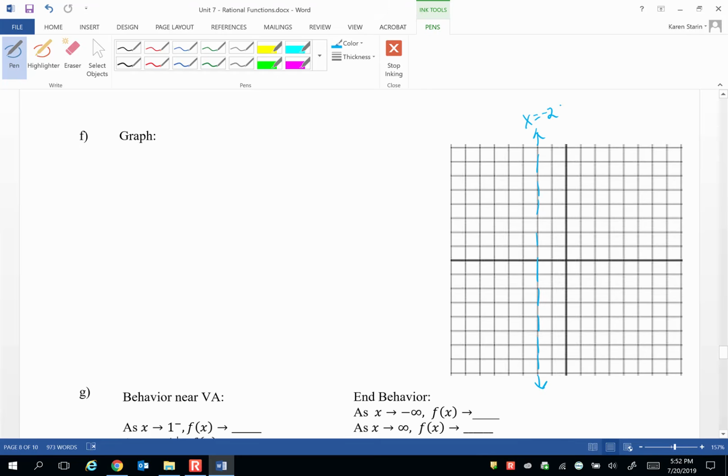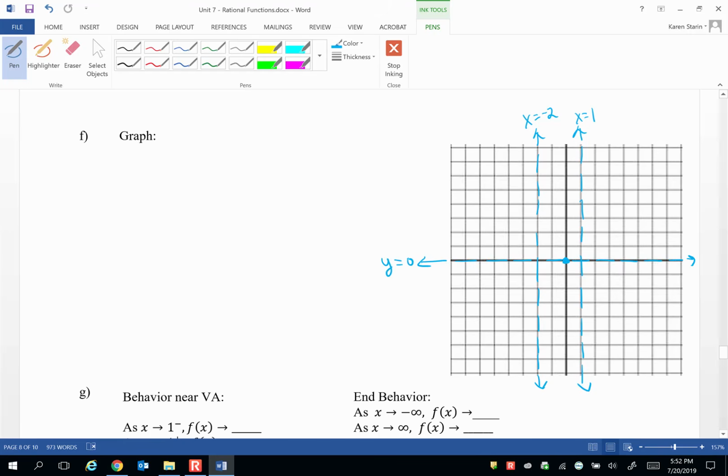Also, at x equals positive 1, I have a vertical asymptote. The only point that I know so far is the origin. So I know the branch that's between x equals negative 2 and x equals 1 will have the origin, and I also know that that origin point on the graph crosses through the horizontal asymptote of y equals 0.